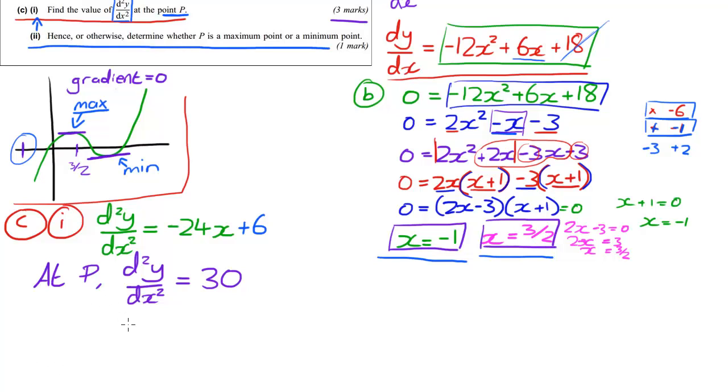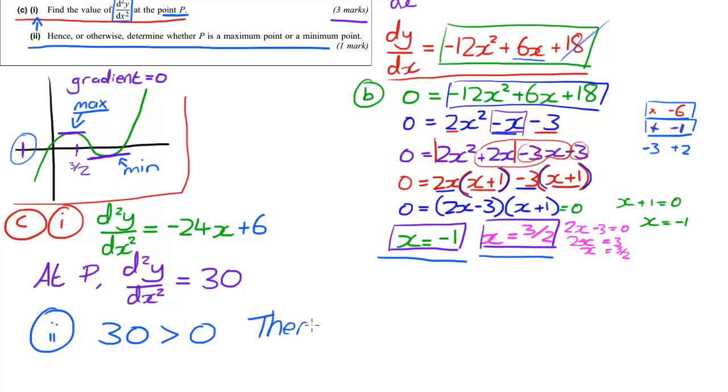So what we can do then is part 2, or part II. Let's say that 30, our second differential at the point P, at the point that we care about, is greater than 0. If we put 3 over 2 into there, or maybe you can try this yourself if you want, you'll get something that is less than 0, but 30 is greater than 0.